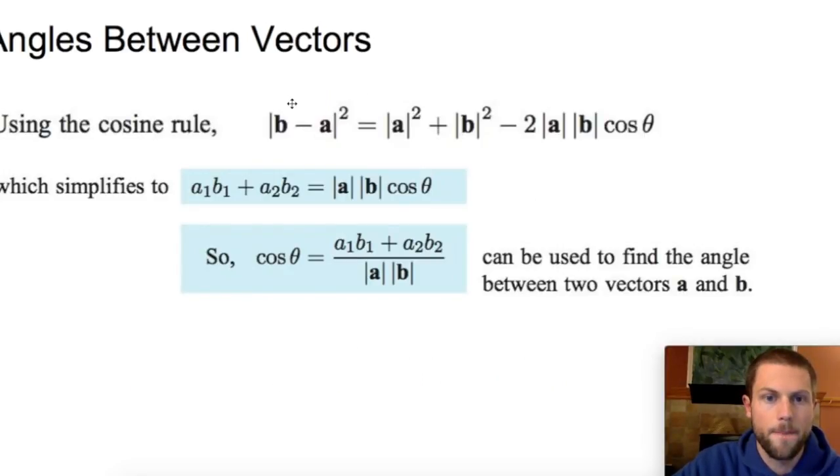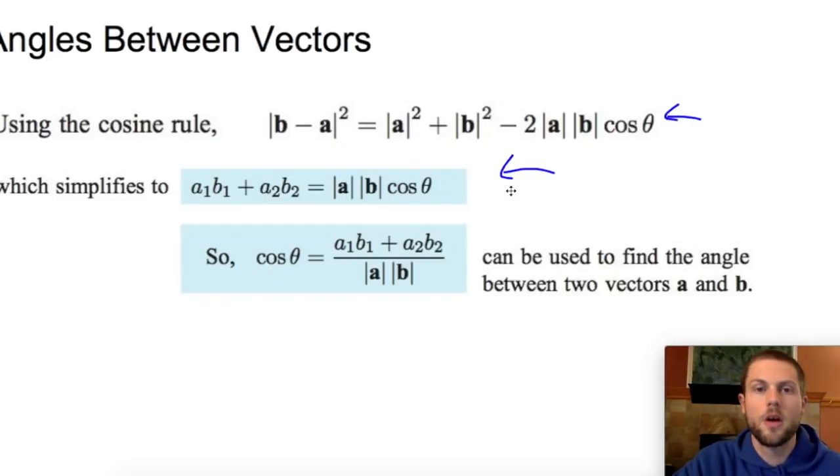Moving further with that, I can take the cosine rule and simplify all of this to this blue formula right here. This line does simplify to this with a little bit of algebra, and I would encourage you to see if you can figure out where that comes from on your own. In fact, if you can prove it to me, maybe I'll even throw you a bonus point. Who knows?